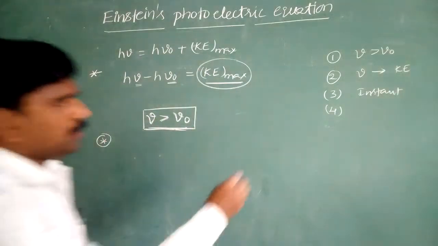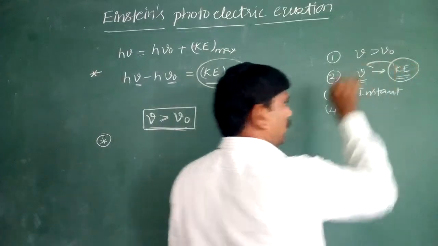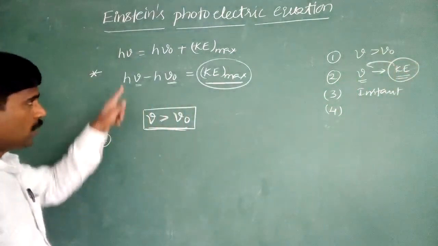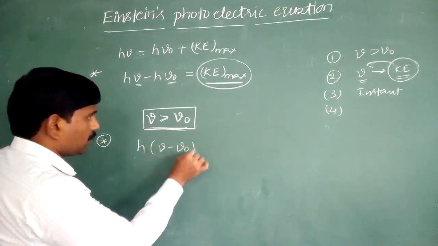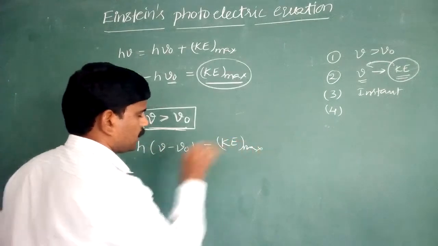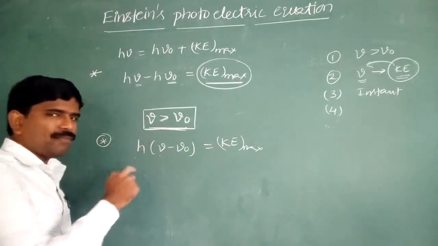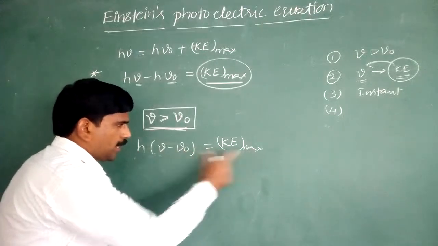Kinetic energy depends upon the frequency. So observe the same expression: h into nu minus nu naught is equal to kinetic energy. Here h is the Planck constant, that is a constant. How are these two related?